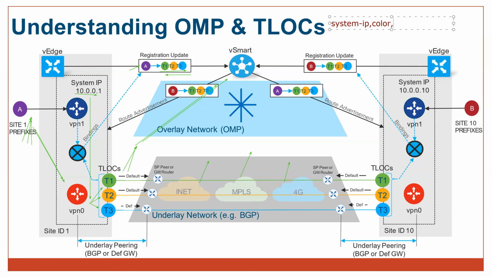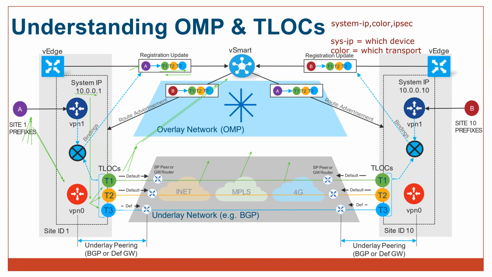And IPsec is common. So these two are the deciding factors for OMP to understand which particular device and which particular transport. The system IP will tell which device, because the system IP is unique to the device, and the color will tell which transport I am receiving this on. Now, why are these things important?